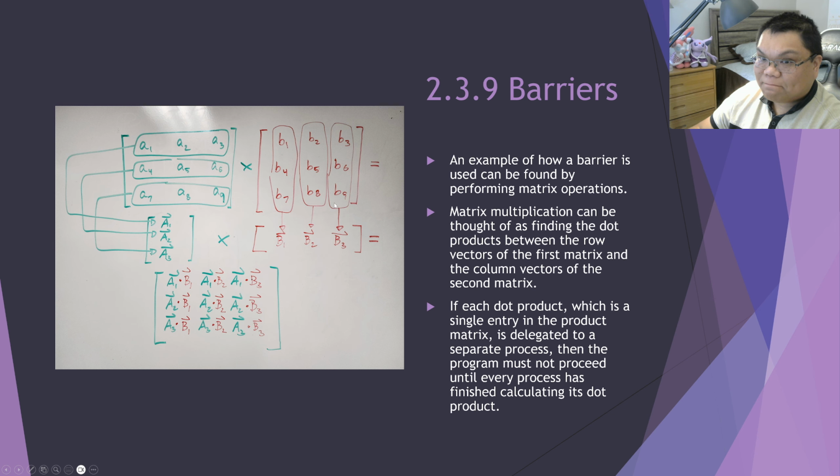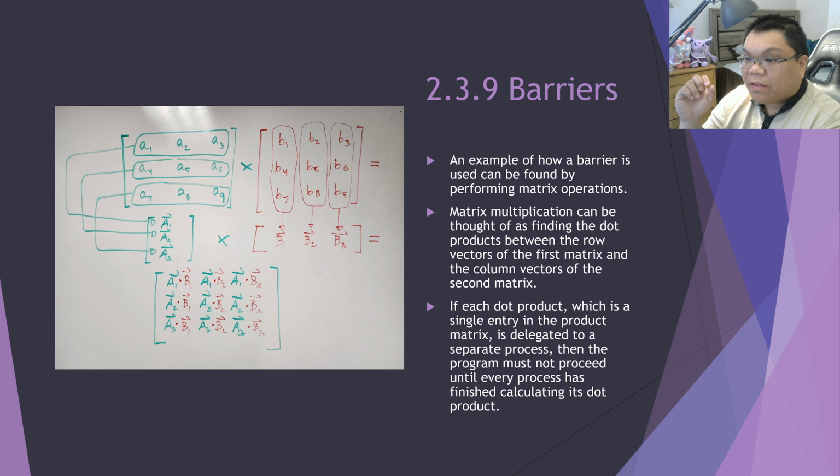Pretty simple, right? An example of how a barrier could be used is with matrix operations. If you've ever been lost on how matrix multiplication works, it's basically a lot of dot products. If we have two matrices, A and B, that are 3 by 3, the entries in the product matrix are merely the dot products between the row vectors of the first matrix and the column vectors of the second matrix.